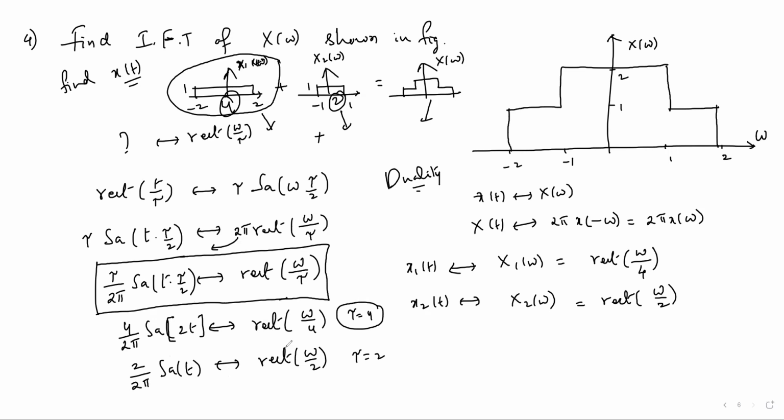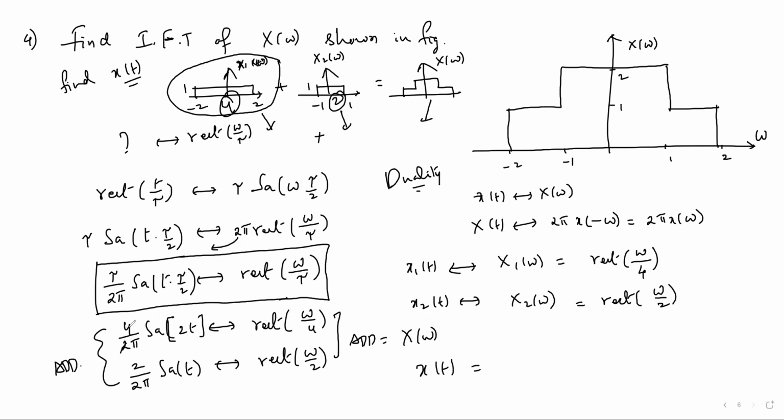So these two signals are just added to get x of omega. The sum of these two is directly x of omega. Then what is x of t? Add these two.